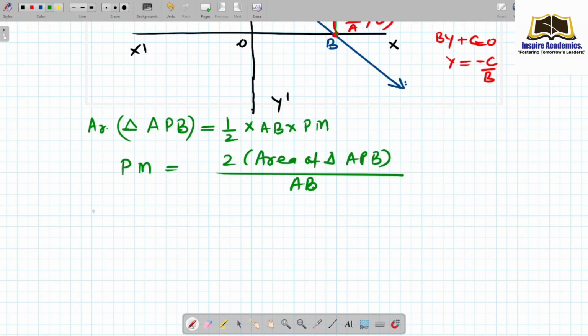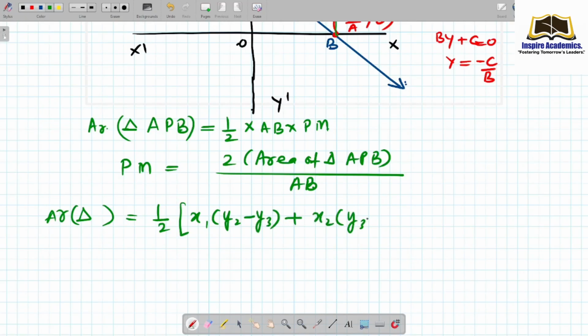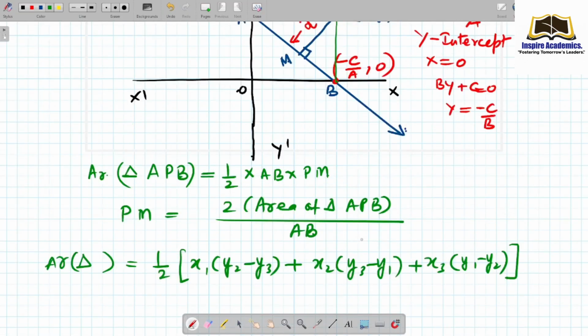Now, to find the area, we gave you a formula when we started the chapter. What is the area of a triangle? Half of x1 into (y2 minus y3) plus x2 into (y3 minus y1) plus x3 into (y1 minus y2). Correct? Assuming that all 3 points are given to you, can you calculate the area?